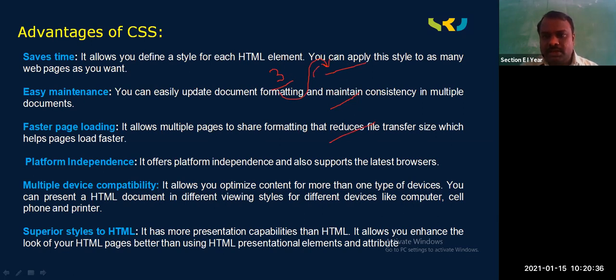So three times your browser has to understand the same rule. But if you write it one time, how many times does your browser have to understand that concept? Only one time.